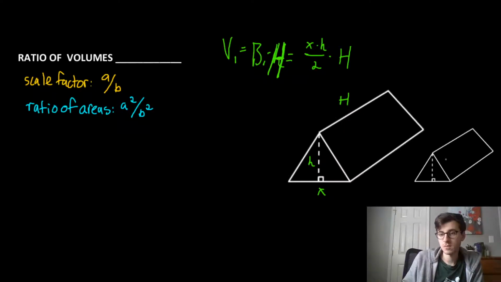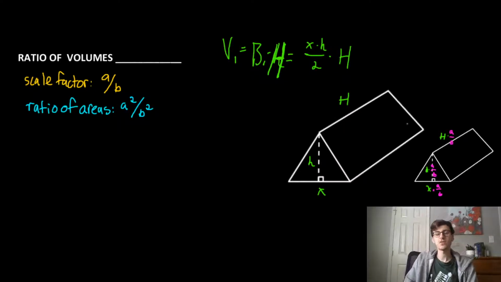And let's do the same thing that we were doing in the other problems. Remember, the scale factor is a to b. So here we go. This is x times a over b. This is h, little h, times a over b. And this is big H times a over b, because that's the ratio of the lengths.